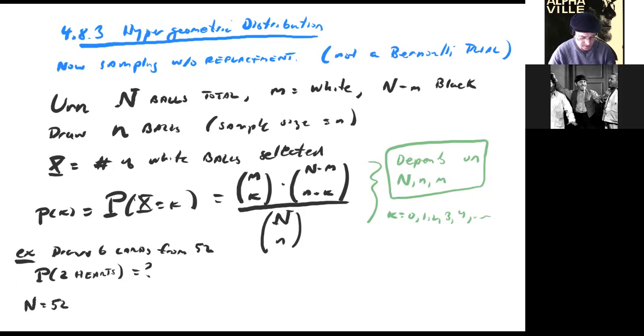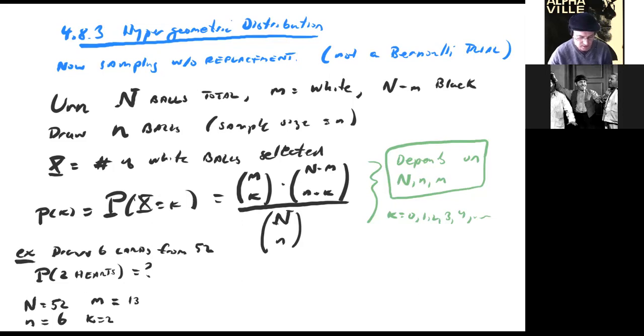Little n, we're drawing 6 cards, that's the sample size, that's 6. And little m, that's the number of successes, or the number of whites in the original formulation, but now that's the number of hearts in the deck, and 1/4 of the deck consists of hearts, so 13 out of 52. And then what is k in this case? K is equal to 2.